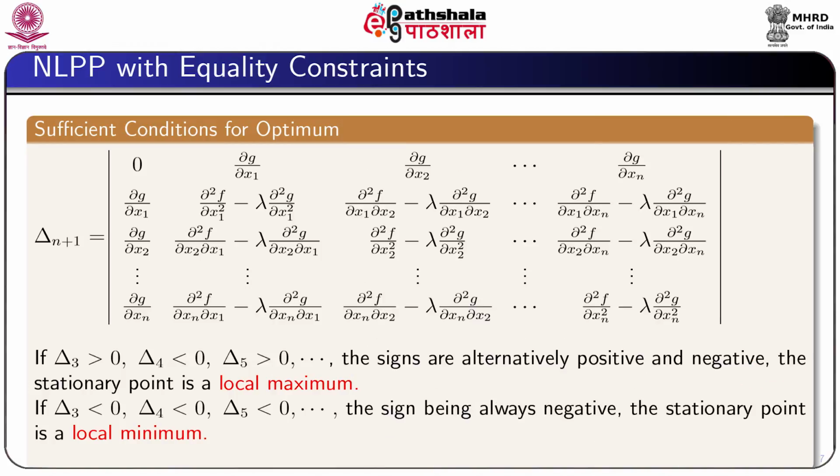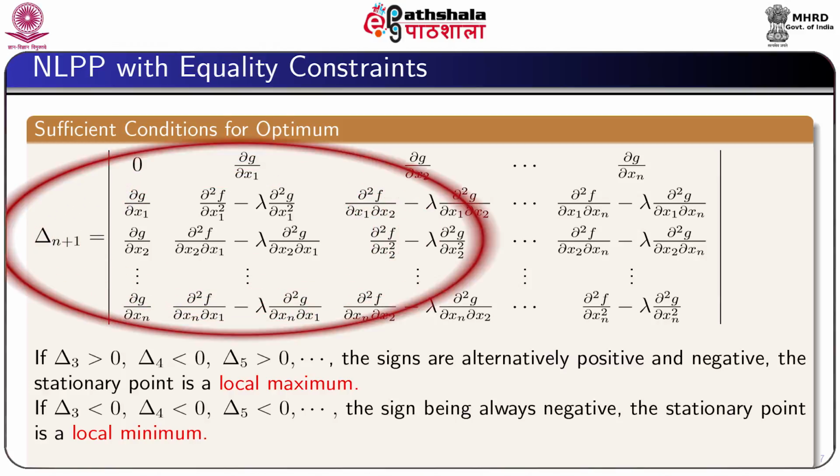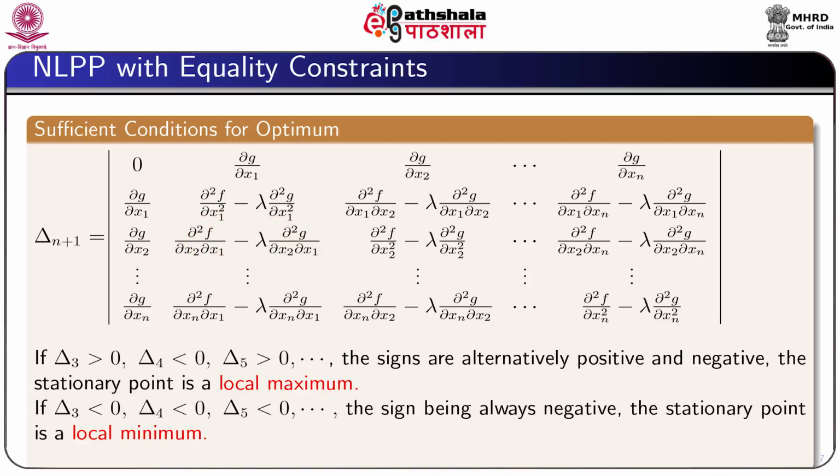The determinant is shown in the slide, and if delta 3 is greater than 0, delta 4 less than 0, delta 5 greater than 0 and so on, that is, the minors of order 3, order 4 and order 5 are alternately positive and negative, then the stationary point is a local minimum.